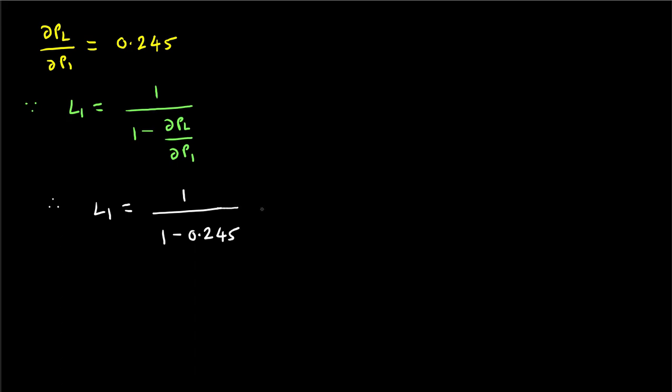That is 1 upon 0.755, which is equal to 1.3245. That is the penalty factor of the first plant.